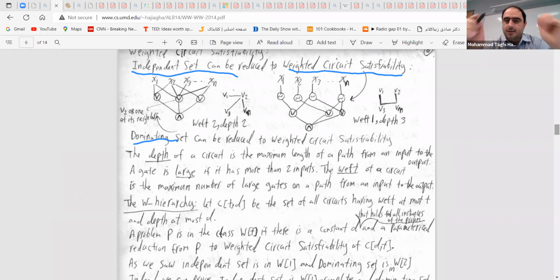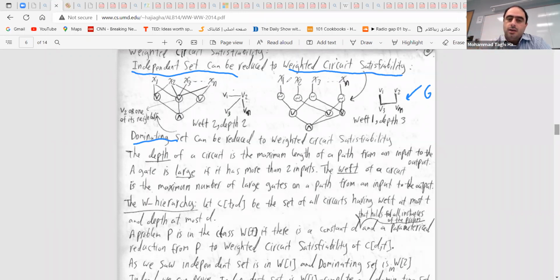How can I create a circuit? Consider, for example, independence, which is easy. I will put x1, x2, x3, up to xn, corresponding to the vertices that I want to select. So I have a graph G, this is an example. From this graph G, for each vertex v1 to vn, I will put an input x1 to xn.